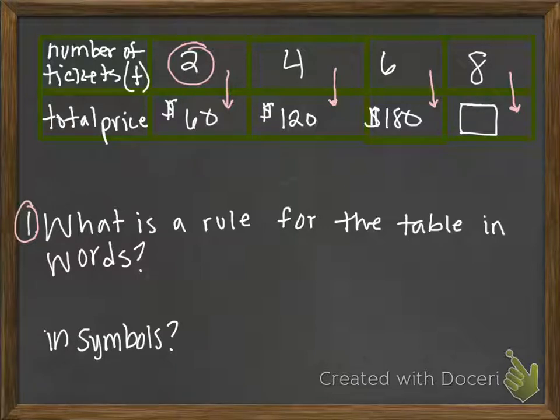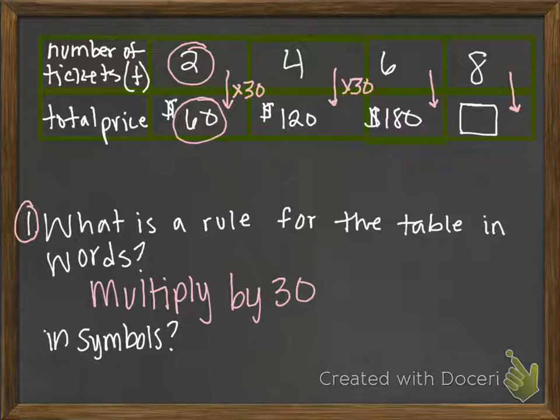What do we multiply or divide it by to get the bottom number? Well, each time we are multiplying by 30. 2 times 30 is 60, 4 times 30 is 120, and so on. So in words, I would multiply my starting number by 30 each time.